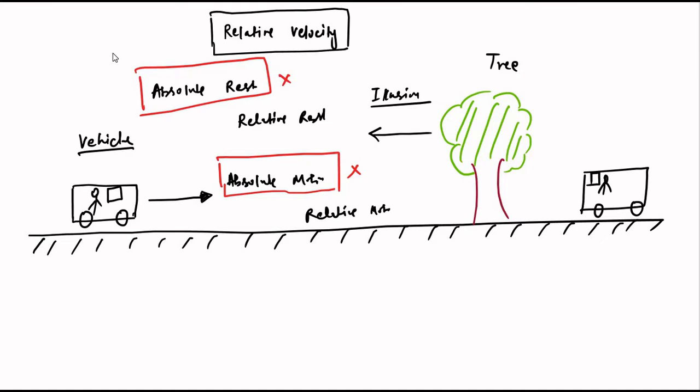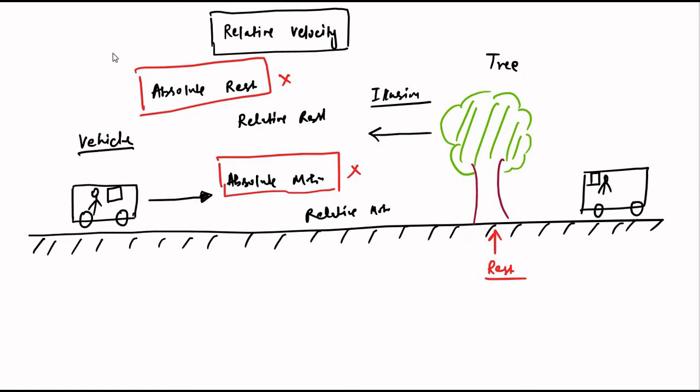So here, just to make things simple, we will say that this point here, the tree, is located on earth. Let us set aside the concept that the earth is moving, and we just say that this tree here is still, it is at rest, it is not moving.